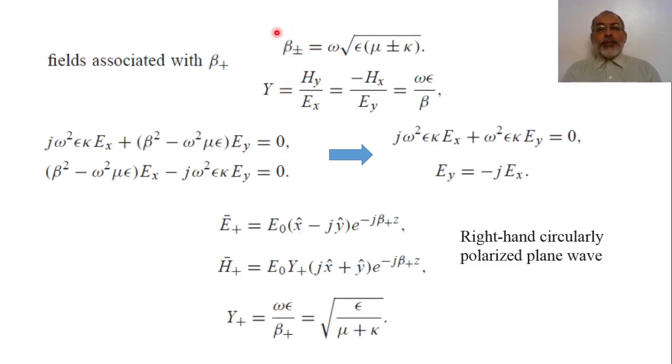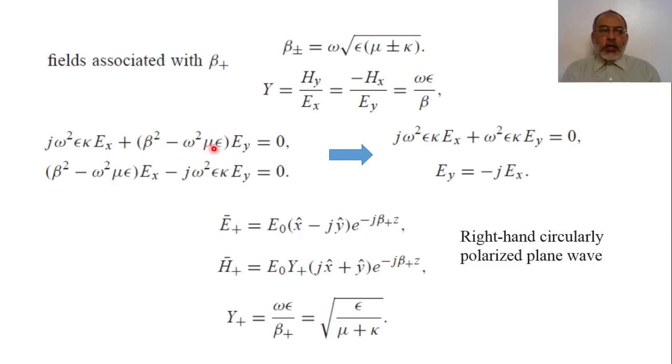Now, by using beta plus in the first equation for the electric field, which we have already obtained, we are going to calculate the relation between Ex and Ey. If we apply beta plus here, this would be omega squared epsilon multiplied by mu plus kappa.